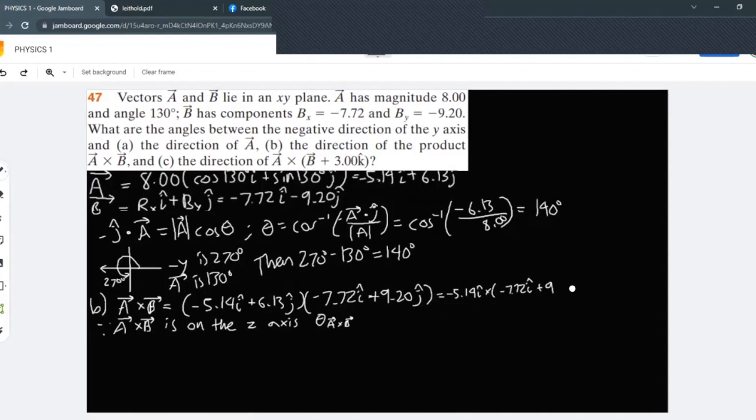And okay, fine. So you left plus 9.20 J hat. Fine. And then close parentheses. Plus 6.13 J hat cross. Why not just use this? Just don't swap the ordering. The ordering is important there.